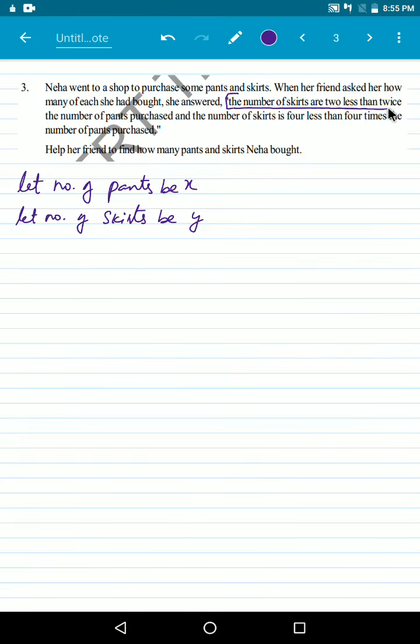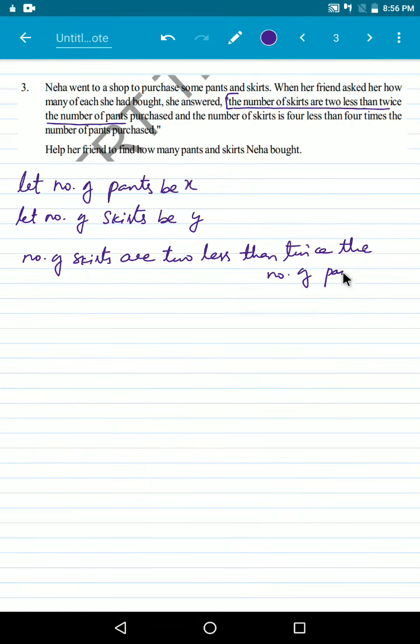The number of skirts is two less than twice the number of pants. So we took the number of pants as X. Twice the number of pants will be 2X, right?